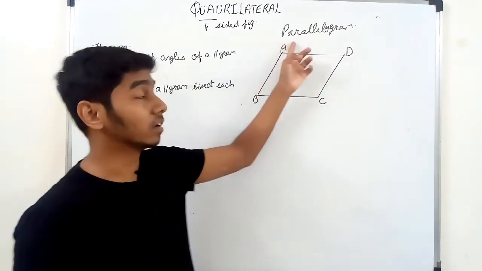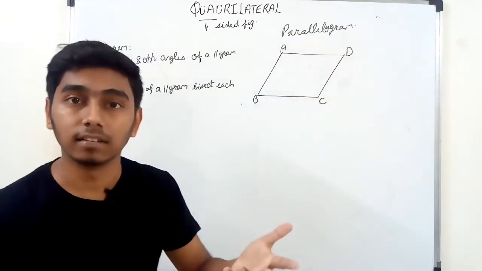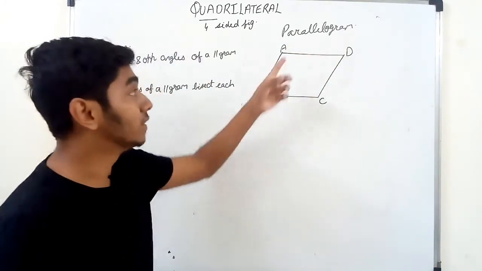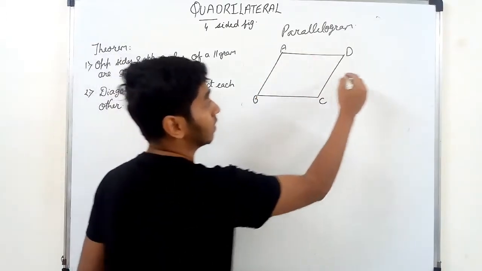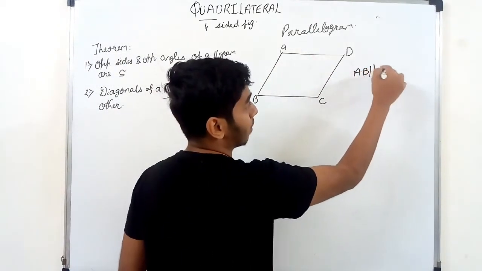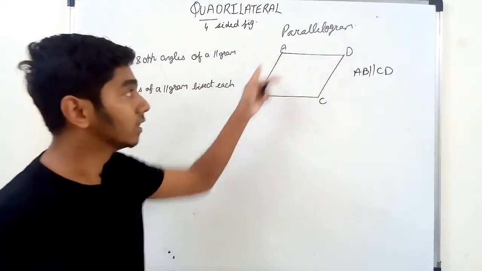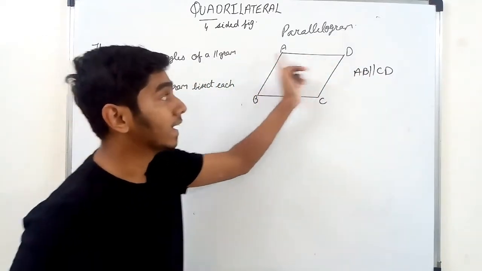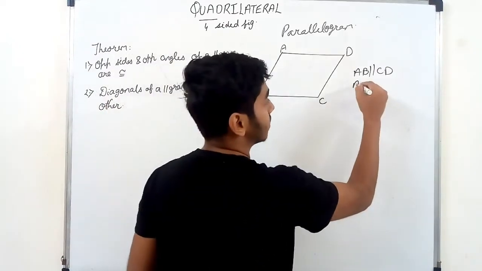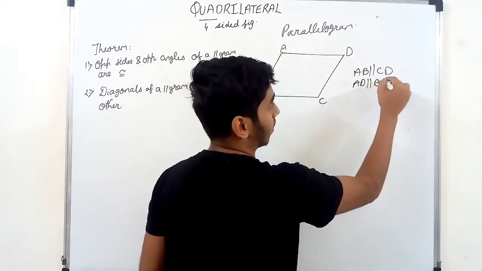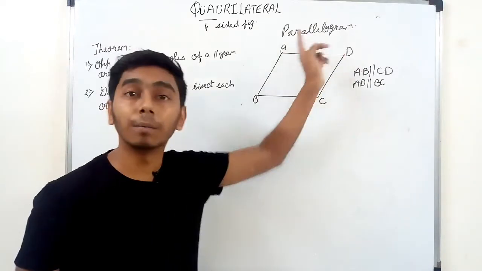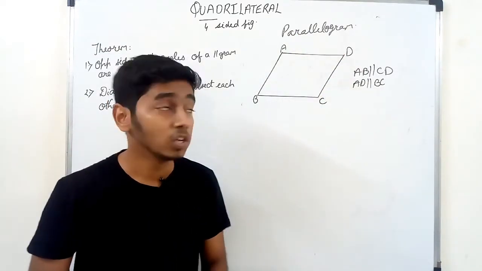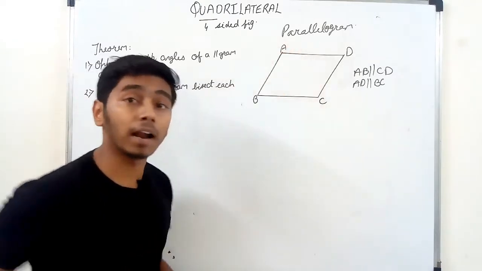When we call a quadrilateral a parallelogram, we say that its opposite sides are parallel. We can write here that AB is parallel to CD, and AD is parallel to BC. Such a quadrilateral is called a parallelogram. I hope you have understood what a parallelogram is.